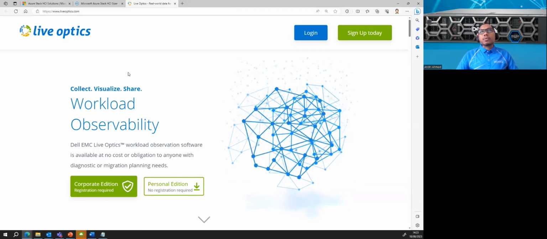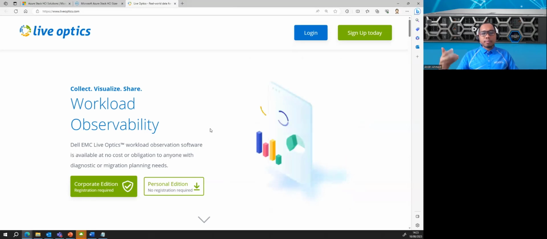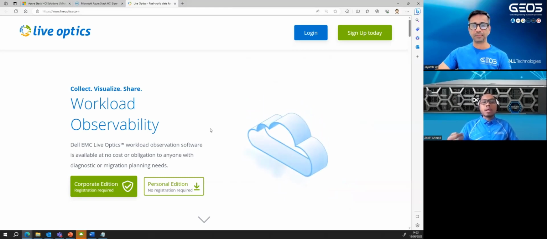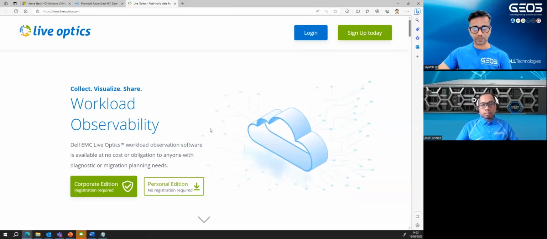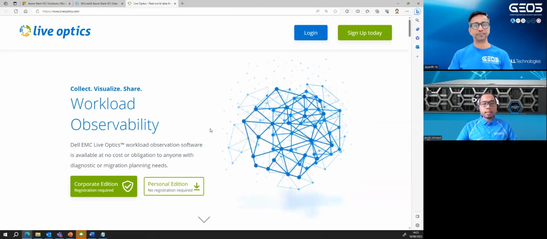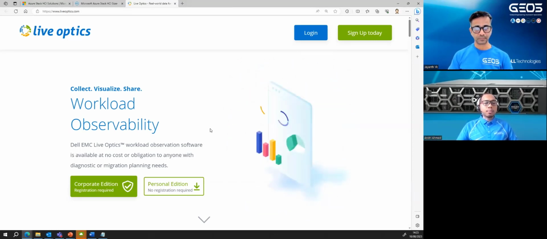So if you see now, we have LiveOptics. LiveOptics is one of the tools that you can use freely to get all this information from your compute, CPU, memory, and storage. Your capacity, performance, IOPS, throughput, and everything.